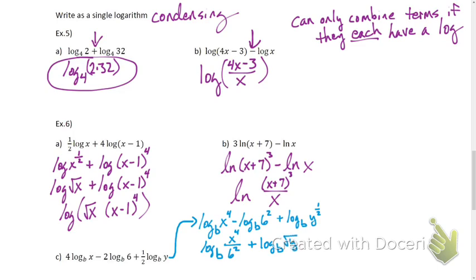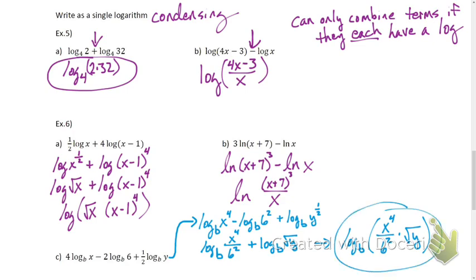And then last step, I combine that plus into a multiply. So final answer, x to the fourth over 6 squared times square root of y. So that square root of y is not in the denominator. And if you did order of operations wrong, you did the plus first over in the original problem, the y might have ended up in the denominator, which is bad.